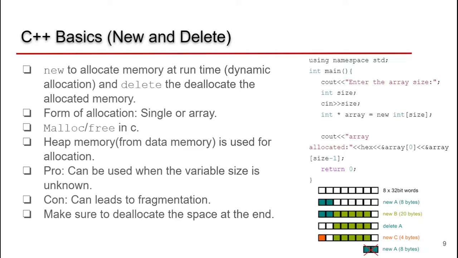Now malloc works in a different way; when we use it, we use it differently. First of all, we define our variable. Let's say we have a struct now, because in C we don't have classes.